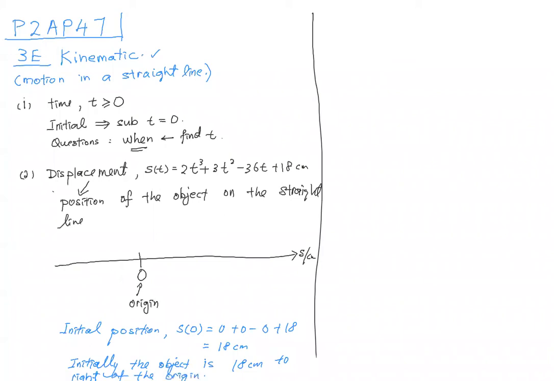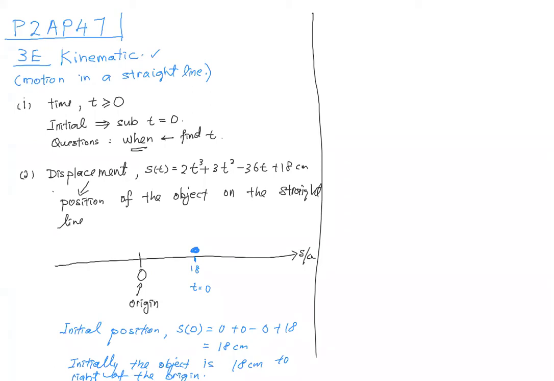So when the object is here, I start to study the motion of the object. That is where I start studying the motion of the object. So I know where the object is.